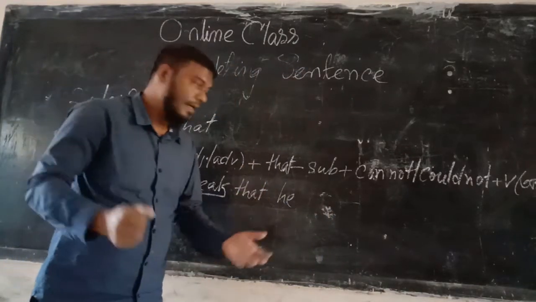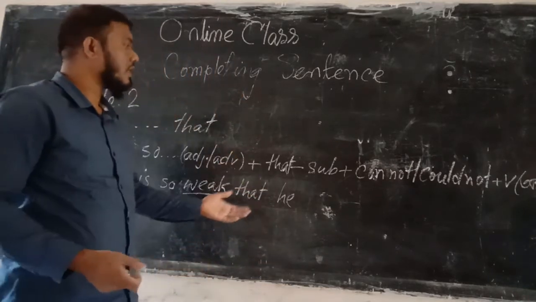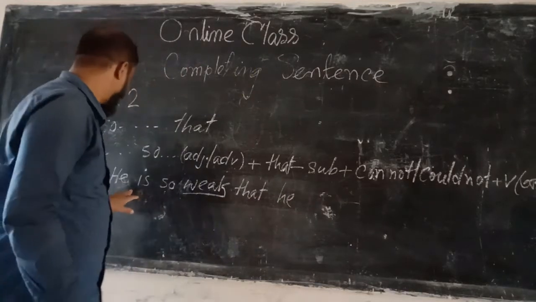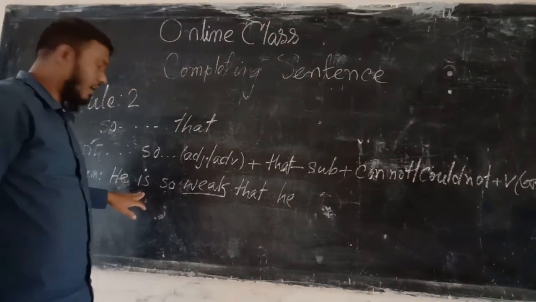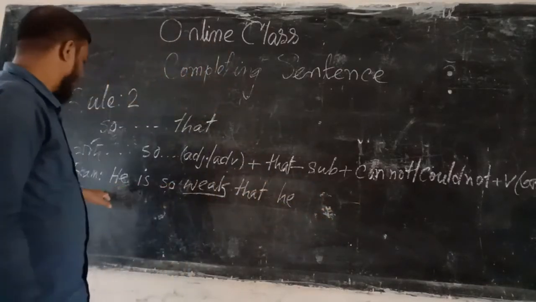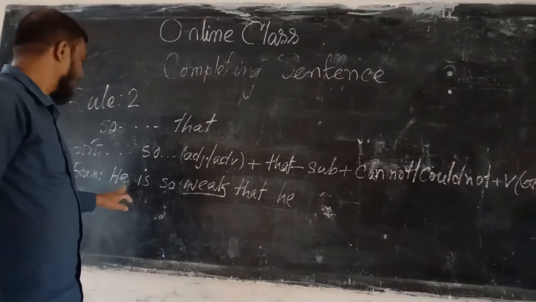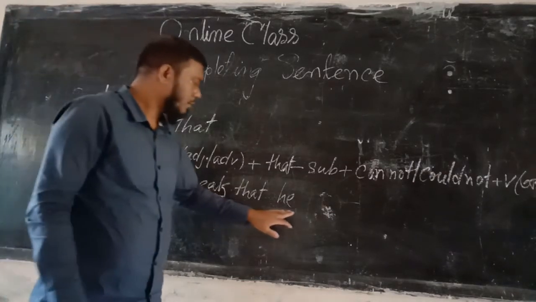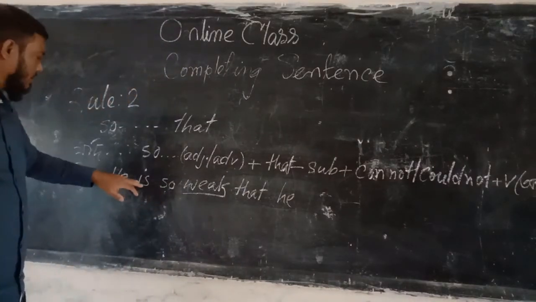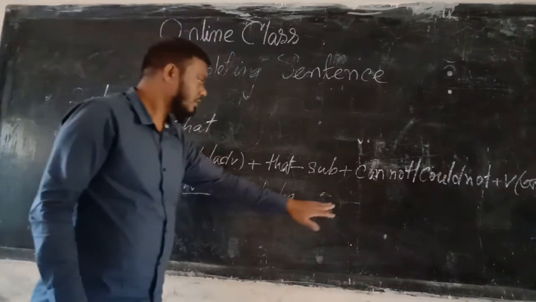Now remember the question: where will we use "cannot" or "could not"? Yes, if the first sentence is in present form, the verb is present form, we have to use "cannot". If the first sentence is past or the verb is in past form, then we have to use "could not". So in this sentence we have found the verb in present form, so we have to use "cannot".